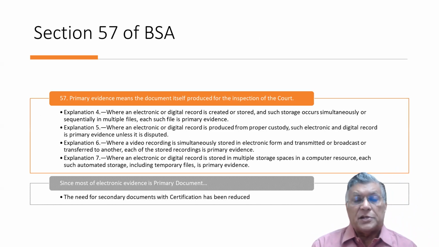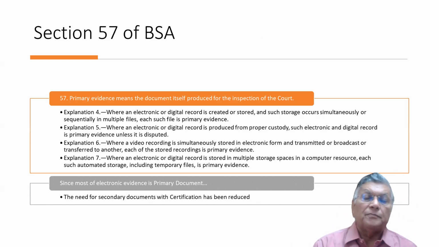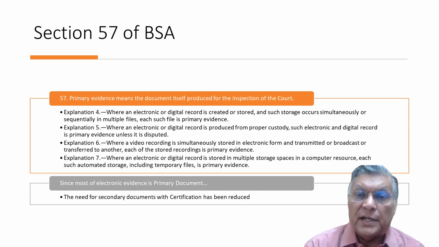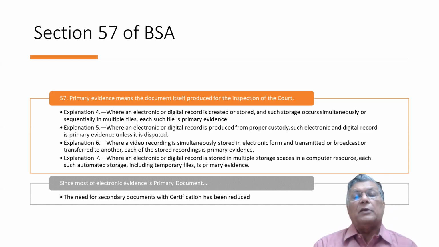For example, Section 57 says that primary evidence means the document itself is produced for the inspection of the court. That is fine. But when we go to explanation 4, it says where an electronic or digital record is created or stored and such storage occurs simultaneously or sequentially in multiple files, each such file is a primary evidence.